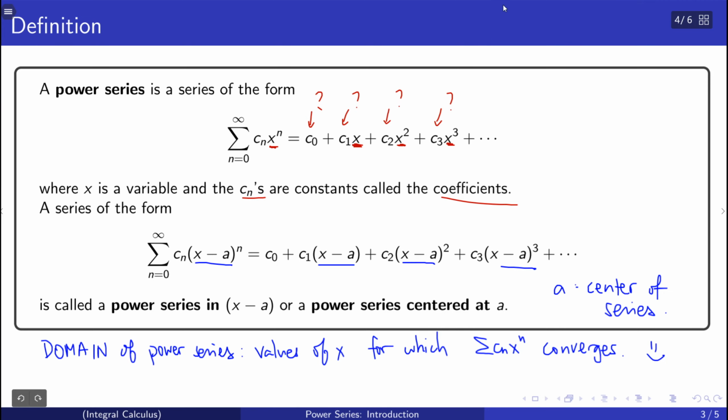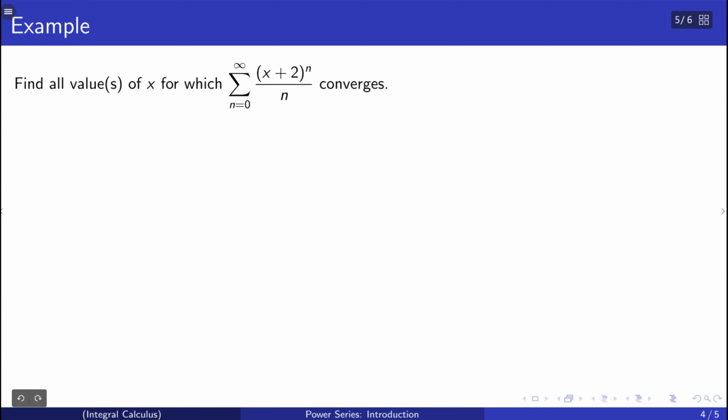And so in the next example here, we can rephrase this question as: find the domain of this function. You should start thinking about this as a function of x. What is a function? Well, you give me an input x, I plug it in, and it gives me an output.